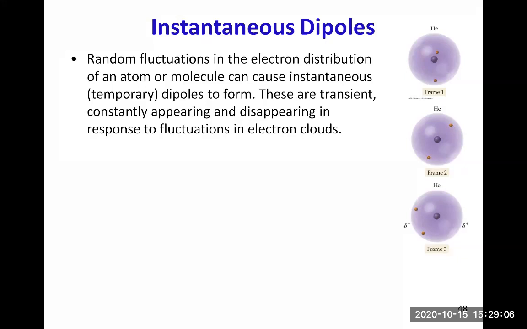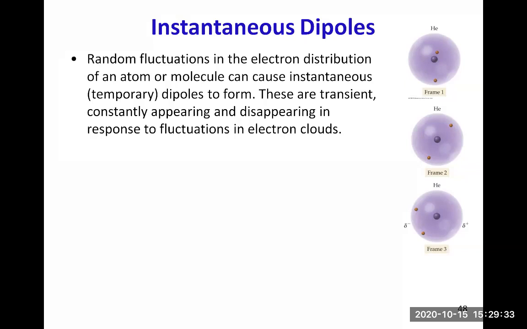These transient dipoles are constantly appearing and disappearing in response to fluctuations in an electron cloud. So if you look at the figures on the right, frame 1 shows an atom of helium where its two electrons are around the nucleus, vertically, one above, one below.